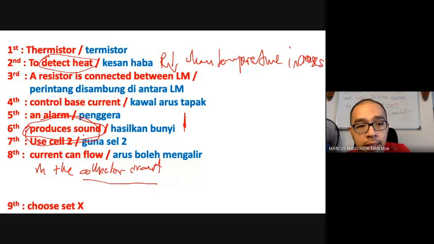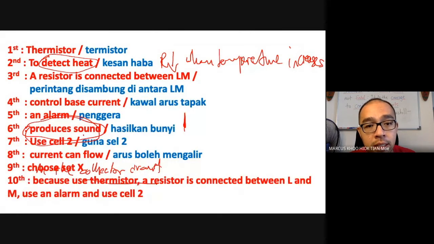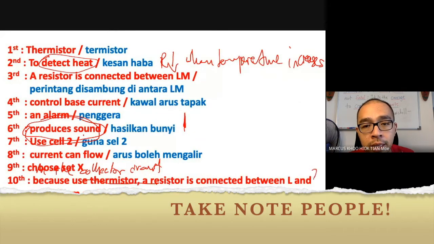Okay, we choose set X, and then of course, because it has a thermistor, has a resistor, he uses an alarm, and he uses cell 2. I want to remind all of you again, especially those of you who are very lazy about this 10th mark, again for the trials.